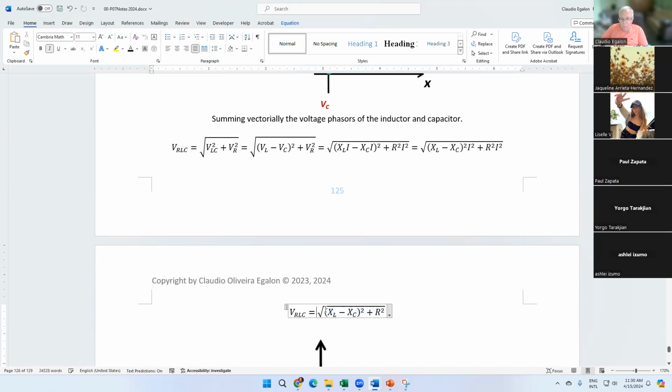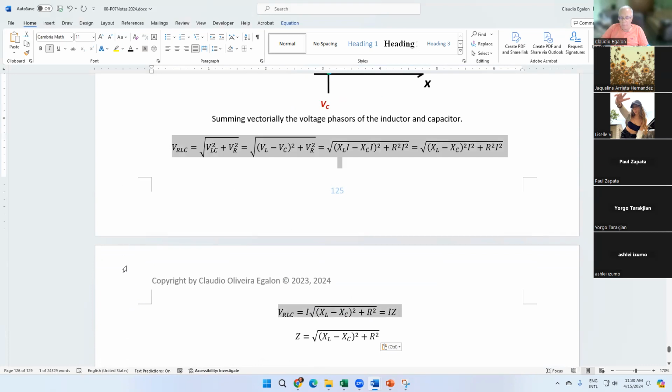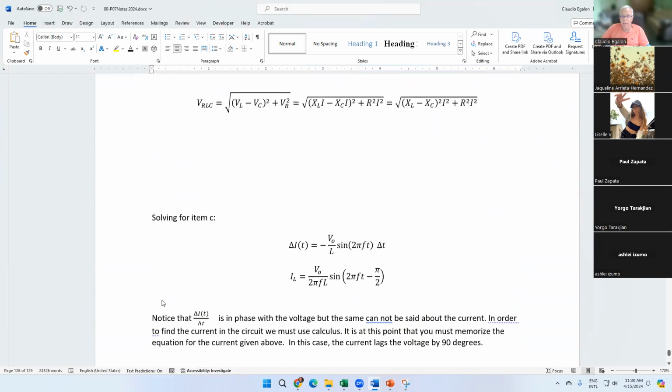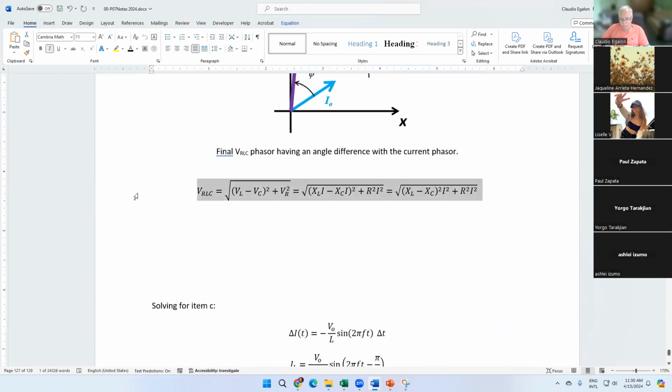I'm going to put the current right in here in front of it. And what is left over here is another reactance that we call Z, in which Z is given by this relationship right here. Let's put it there at the end, right here.